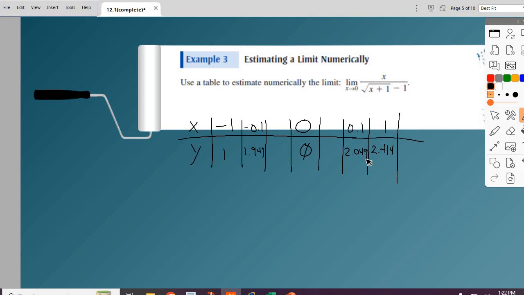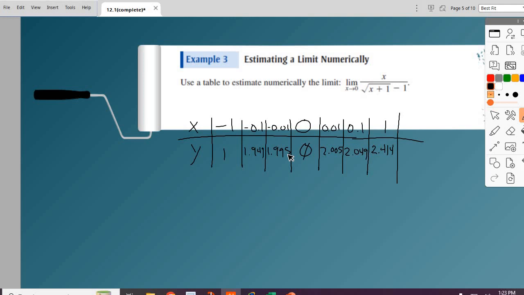So now it gives us 0.01 is 2.005. And on the opposite end, negative 0.01 is 1.995. So were we all able to figure out how to work our table with whatever calculator we're using?